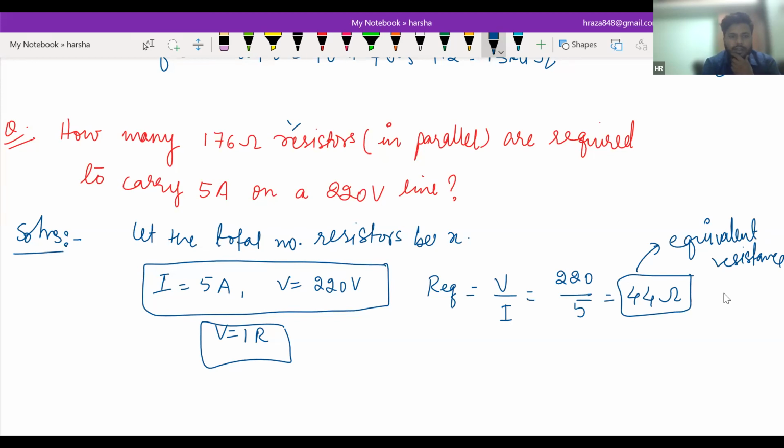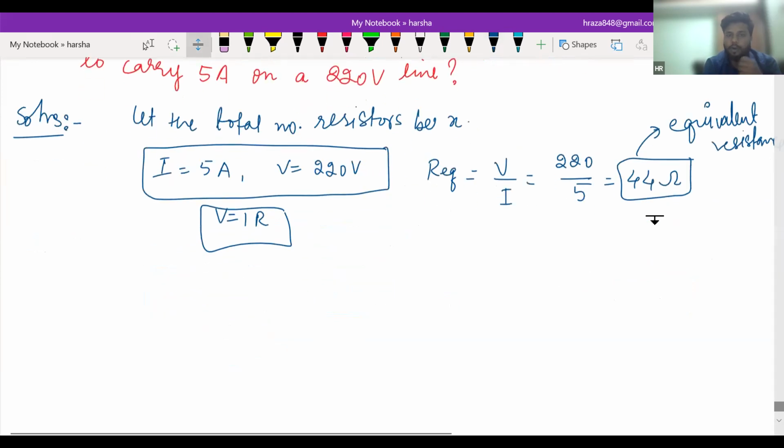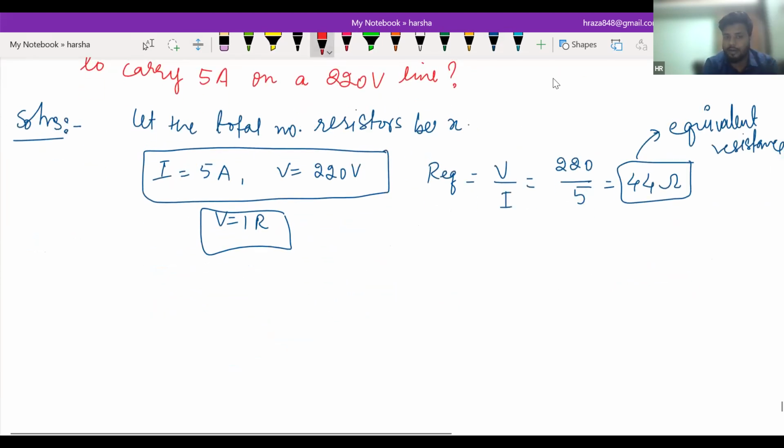Now, since it is in parallel, we are going to apply the formula. We don't know how many resistances there are because it is asked in the question. 1 upon R equivalent will be equal to 1 upon R1 plus 1 upon R2 plus 1 upon R3, and all the resistances are of 176 ohm. So I am taking it as R, R, R because all the resistors have a value 176.